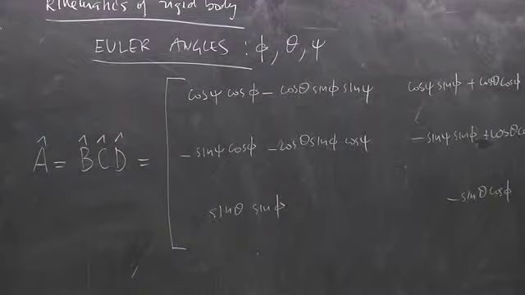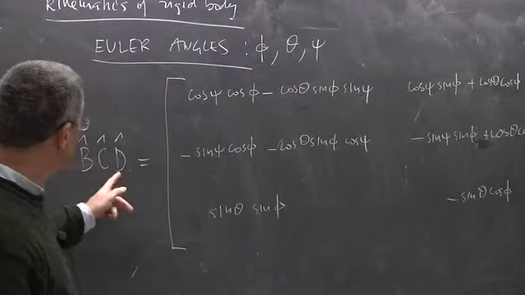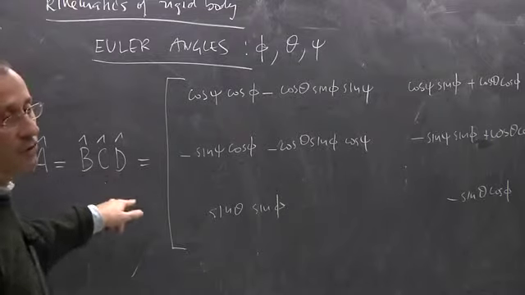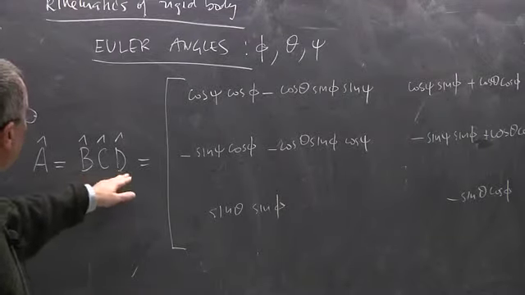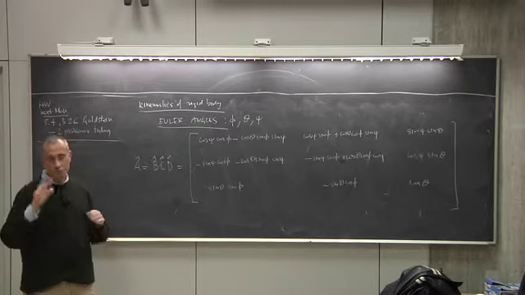First I rotate this way, then this way, and I end up with my hand facing that way. If I do the opposite, I end up in a different position. So the order of these matrices changes the final position of your body.